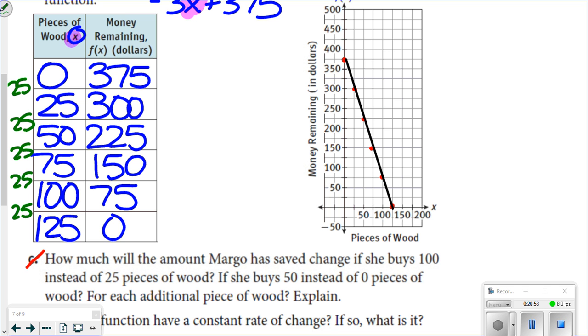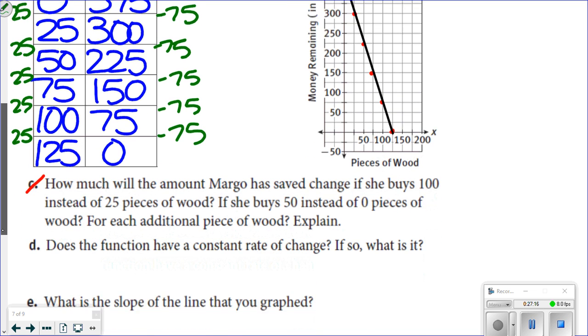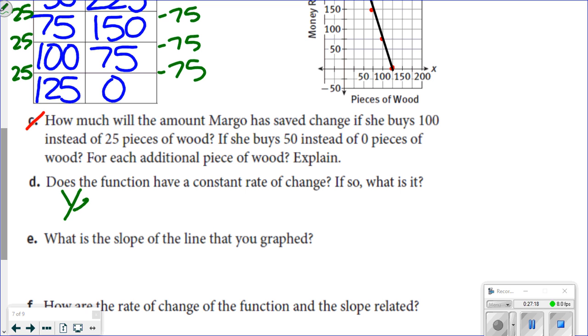And what are we doing in our money column? The second column, the y column. We're going down by 75, down by 75, down by 75. Okay, so it looks consistent to me. Yes.